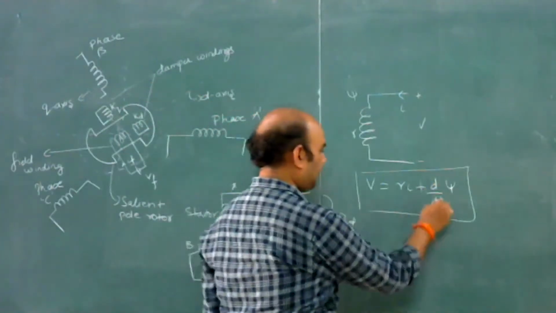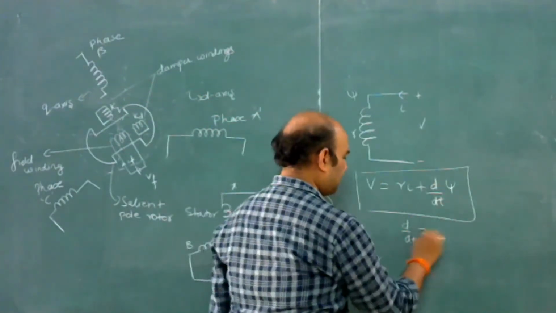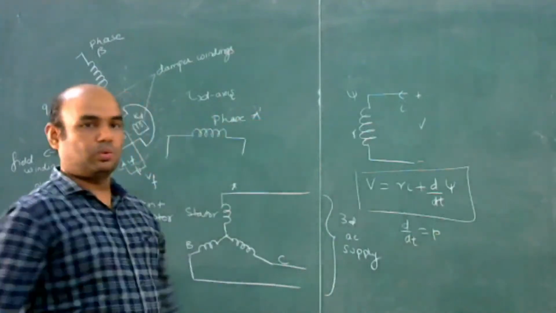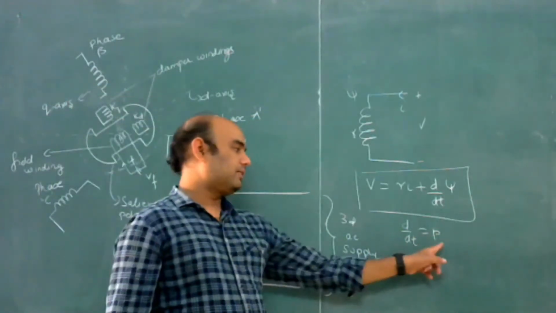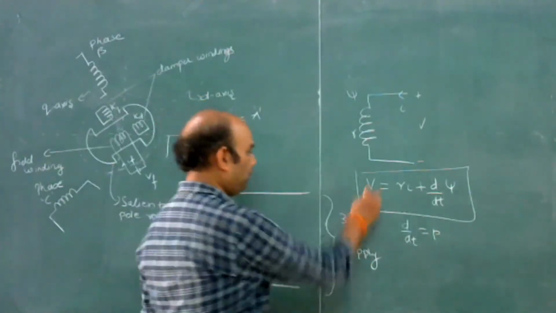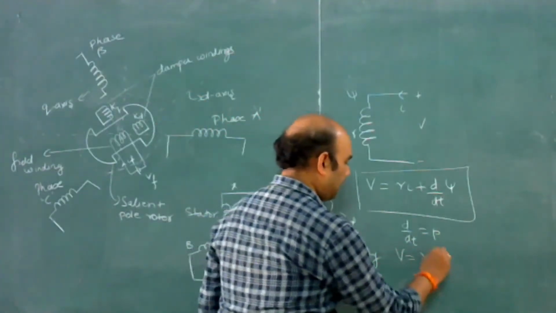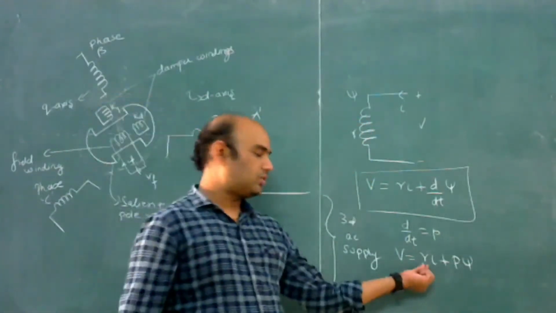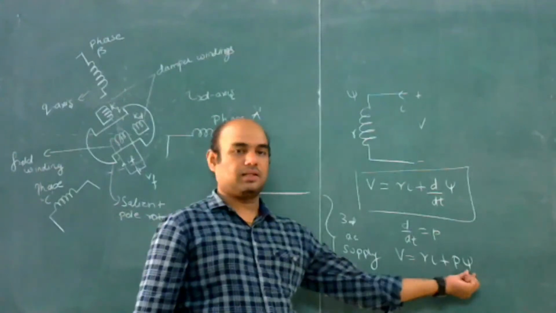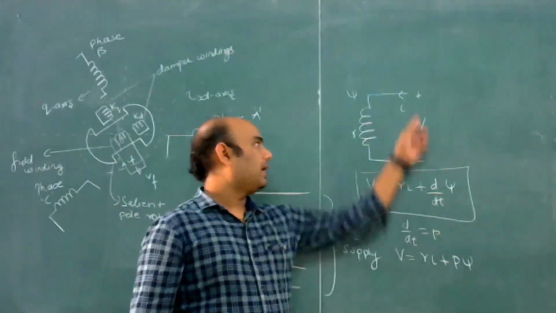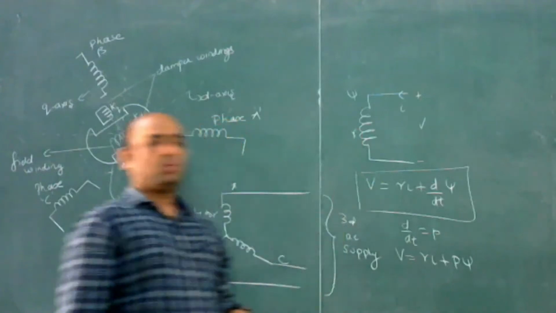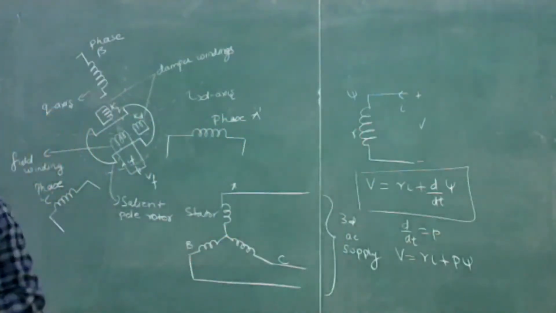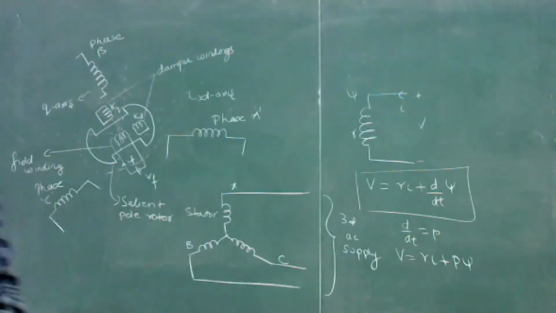Here we are taking d by dt as small p. So V will be equal to IR plus p into psi. This is the resistance of the winding, and this is the flux linkage. p is d by dt, and I is the current flowing through the winding. So this basic equation we will use for both the phase winding voltage and the field winding voltage.